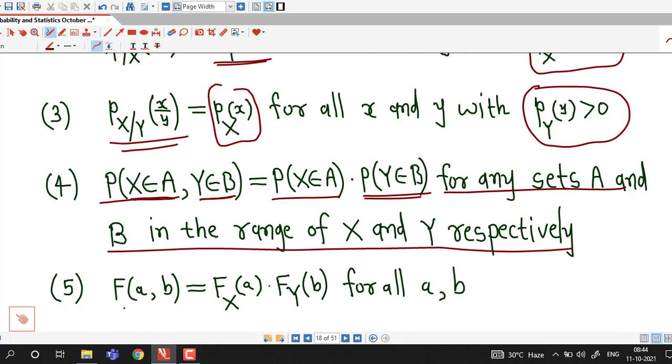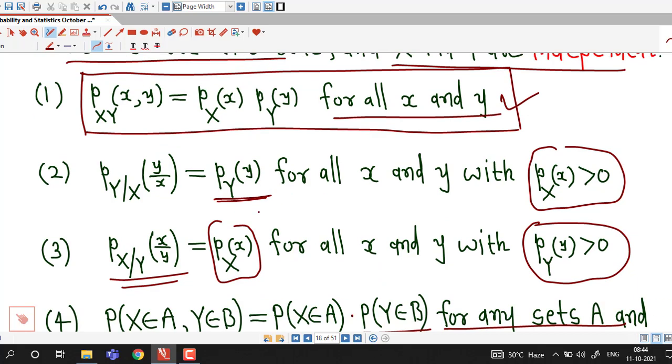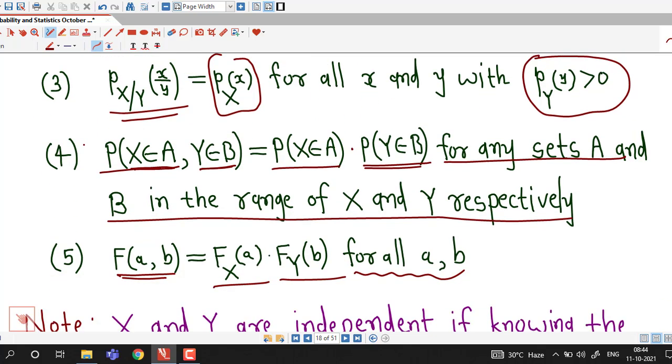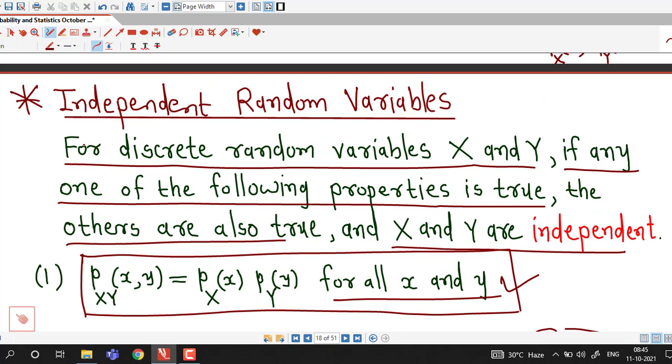And the last property is in terms of the joint CDF. If the joint CDF at point AB equals the CDF of x at point A times the CDF of y at point B for all A and B, then also x and y are independent. So these properties are equivalent. If one is satisfied, then 1 implies 2, 2 implies 1, and in a similar way, the others are also true.